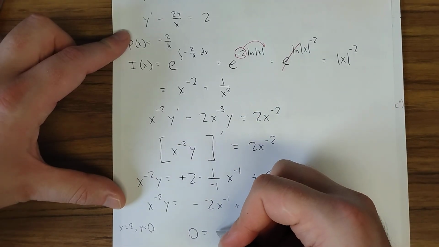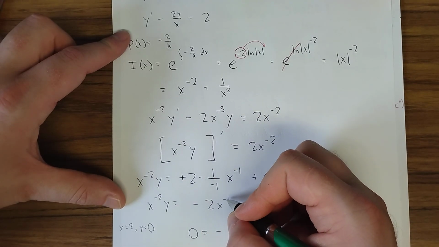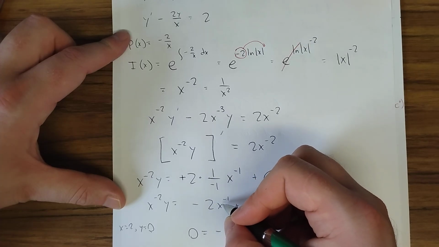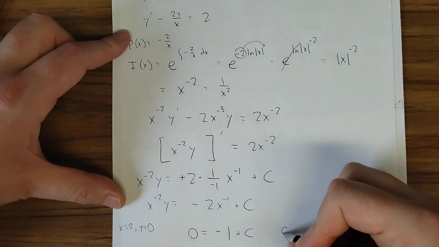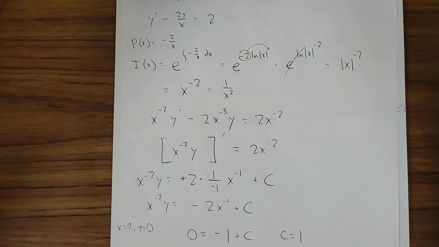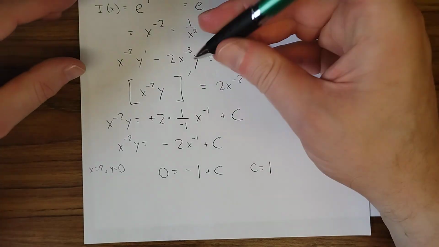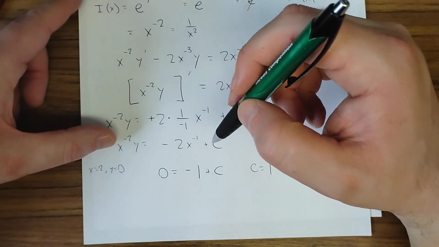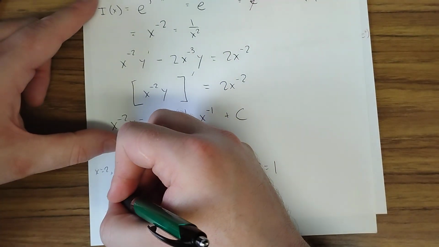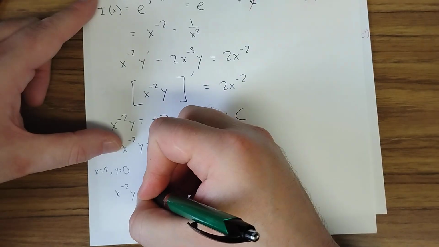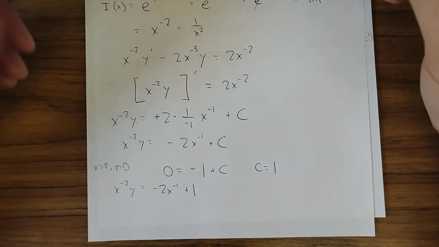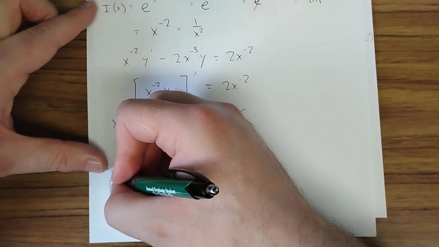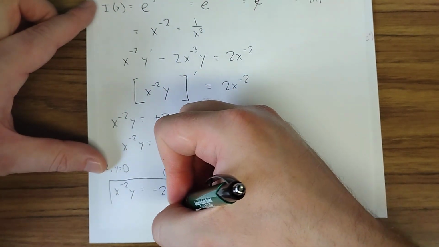This is going to give me, let's see, 2 times 2 to the negative 1 is just going to be 1, right? So C is 1, and then I'm basically good. I can just write this, x to the negative 2, y equals negative 2x to the negative 1 plus 1, and I can call this my answer.